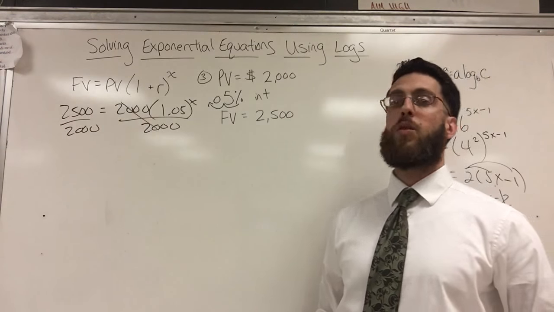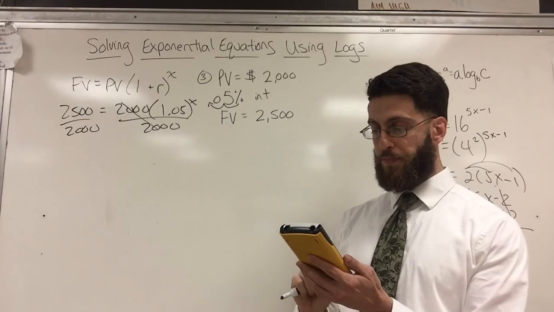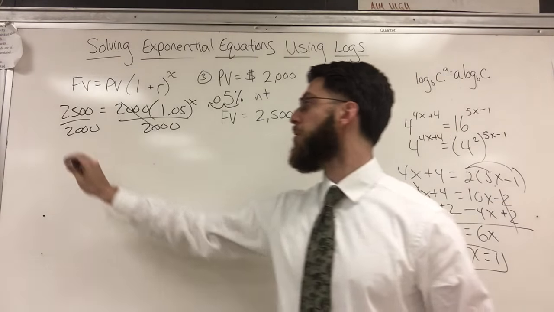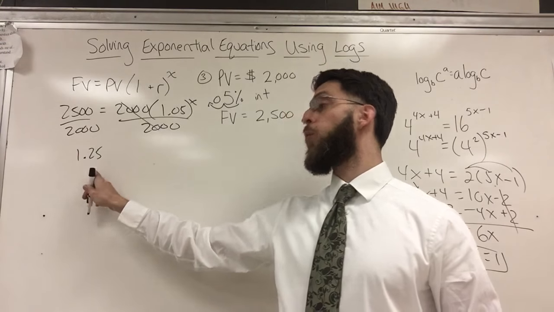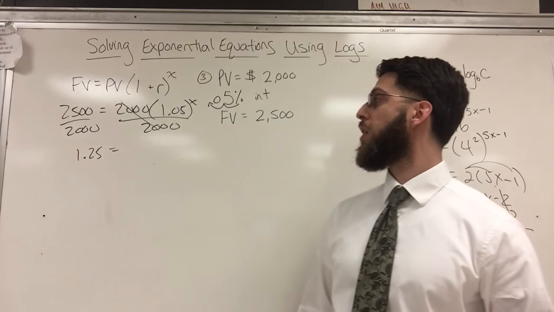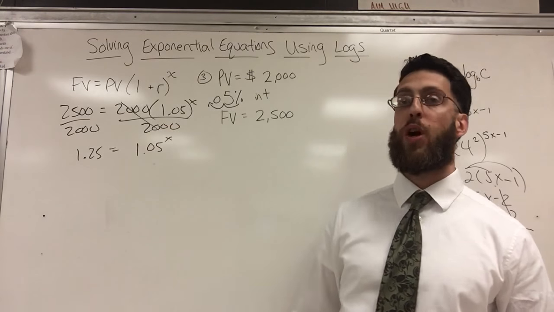Now I want to see what 2,500 divided by 2,000 is, and that gives me 1.25. Kind of like saying I want 1 1/4 of my money back. That equals 1.05 to the x power.